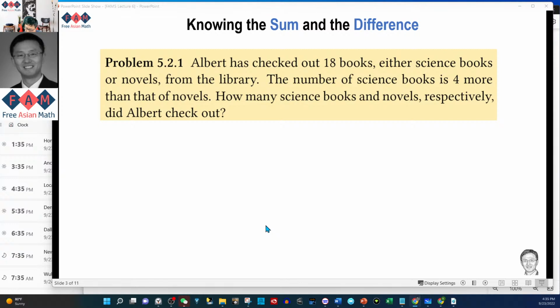Well, many of you probably know how to work out this problem, but this will be the basis for the next two groups of problems. So we need to give you a very solid understanding of how we're going to solve this problem with only an arithmetical method, without any algebra. Even if you know how to solve this problem by algebra, pretend that you do not know.